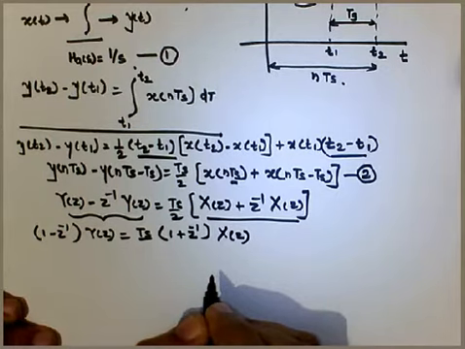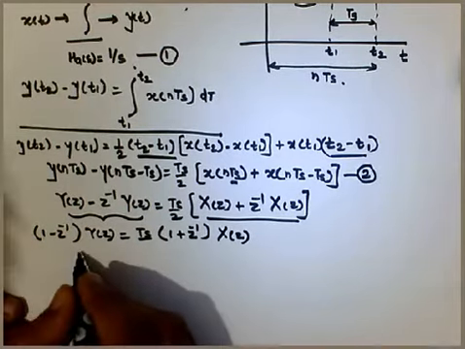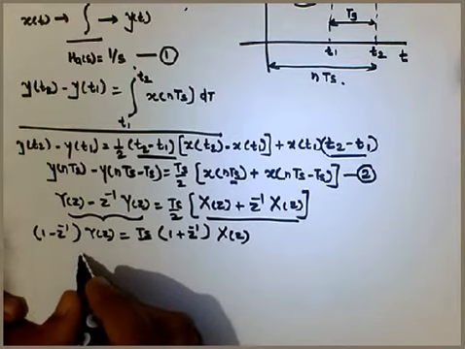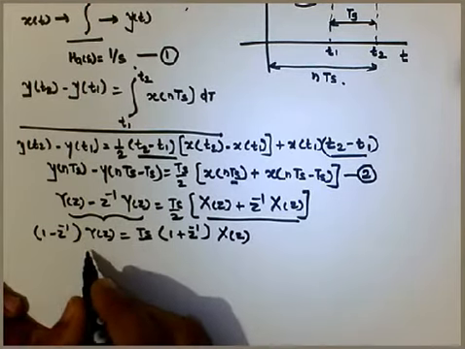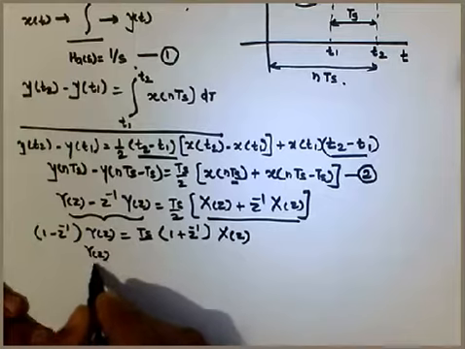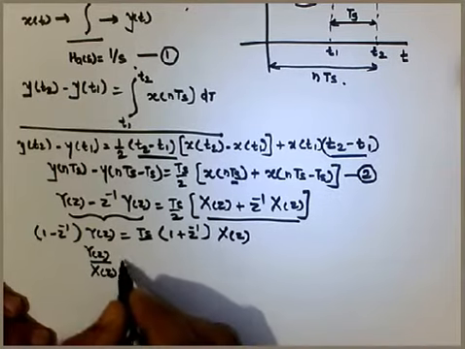Now let's arrange it in terms of y of z by x of z, because that is what we ultimately need, as it is the transfer function for the digital filter.